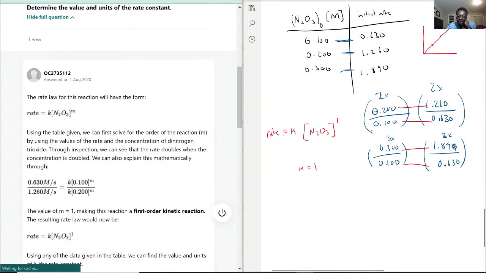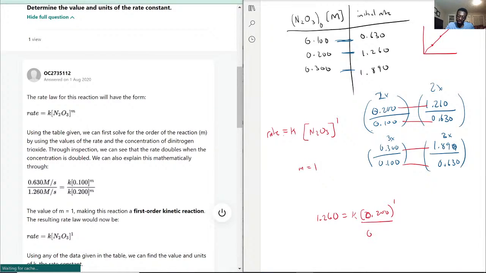So we have the initial rate, so let's actually use 1.260 is equal to K times the concentration of N2O3, which was 0.200 at that time, to the power of 1. And we know if it's to the power of 1, it's just 0.200.